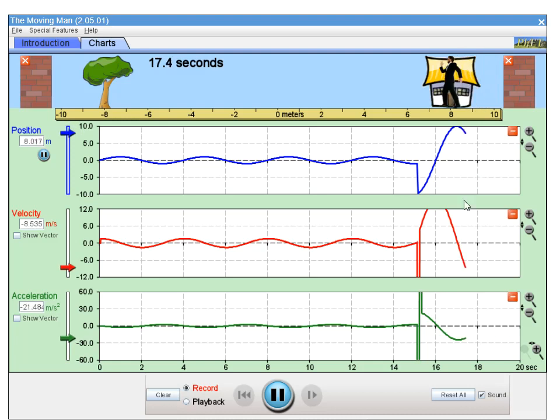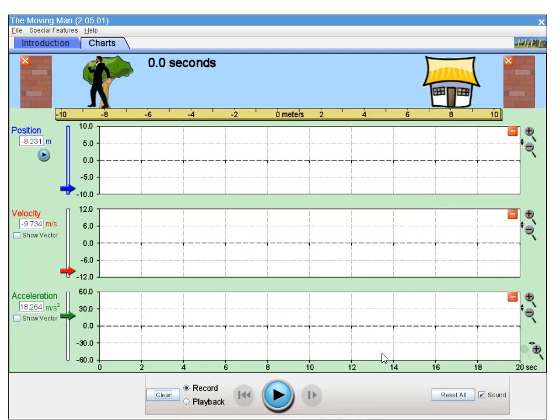So it runs kind of slowly, but the position there should have been found under the special features expression evaluator. So let's see if we can get him to run. We'll set up some starting positions for him. I'm going to clear everything.